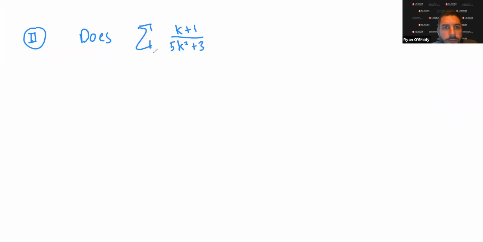Does this converge? So the first term would be 2 over 8, the second term would be 3 over 23, etcetera. Does this converge? And then why?